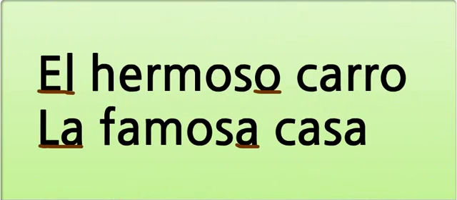As we have here, carro is the noun, and because of that, the article and the adjective have to agree in number and gender. Then we have el hermoso carro. And casa is a feminine and singular noun too, so the article and the adjective change. Then we have la famosa casa.